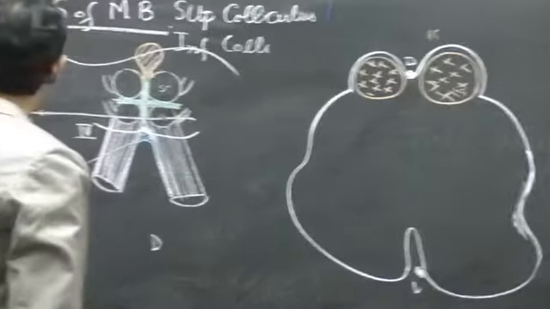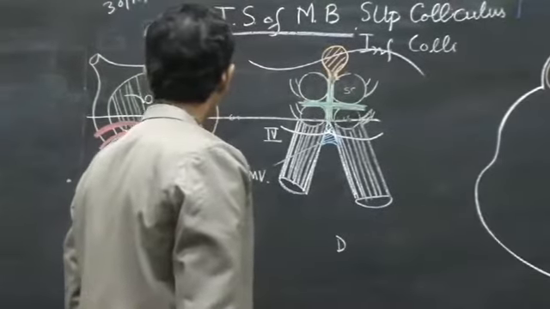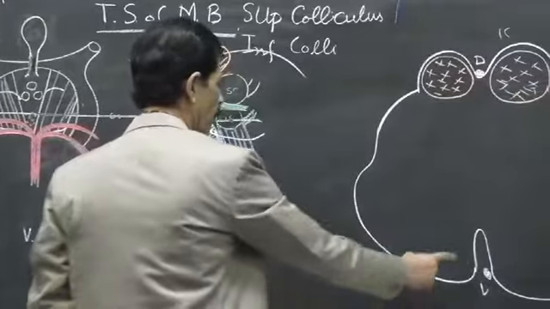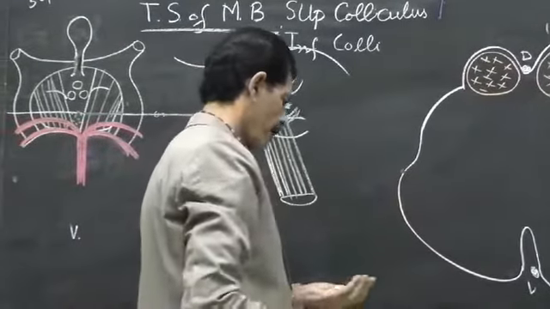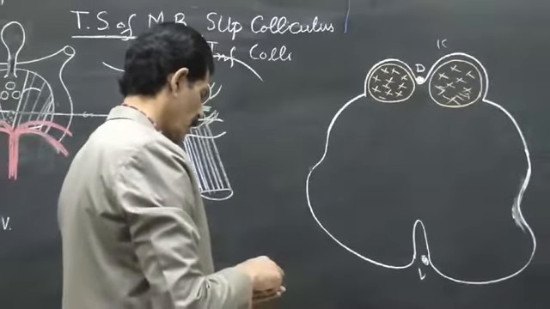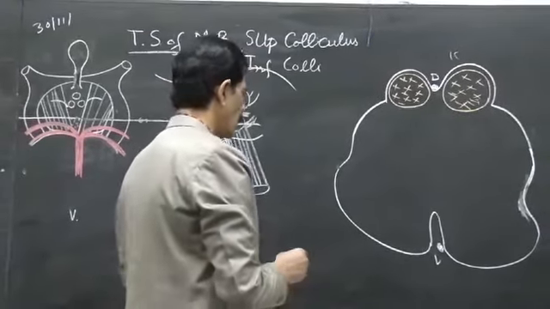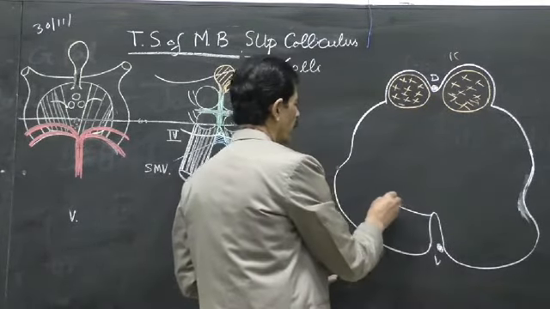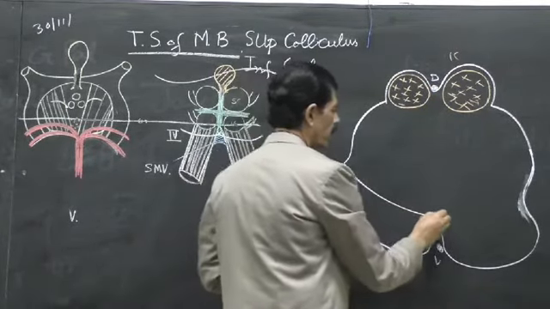Then ventrally there are the crus cerebri, with the medial border and this is the lateral border. In the cut section, deep to the crus cerebri.